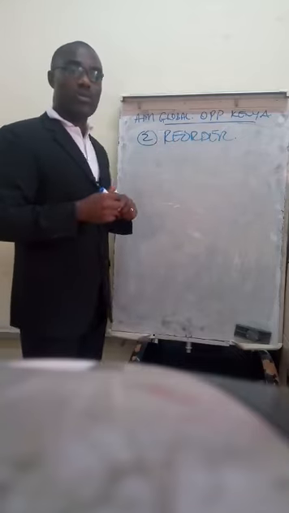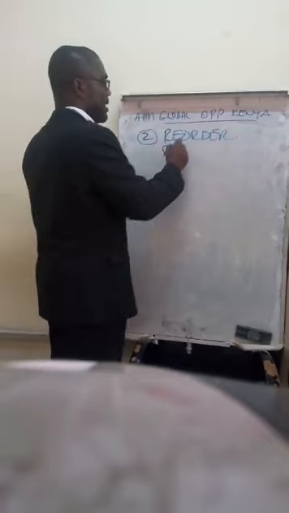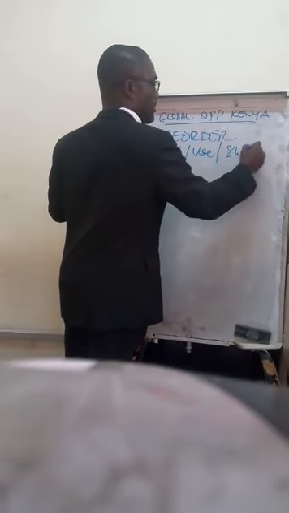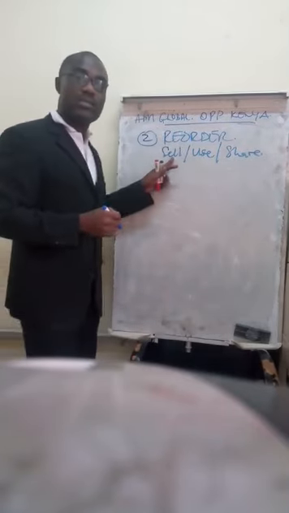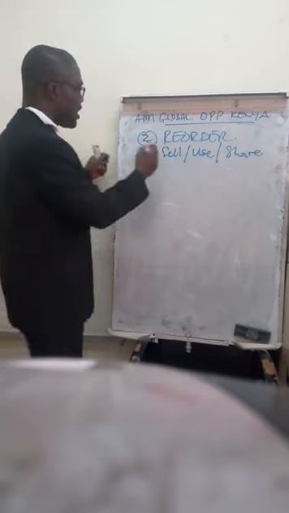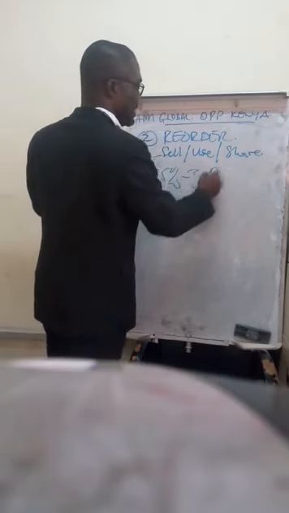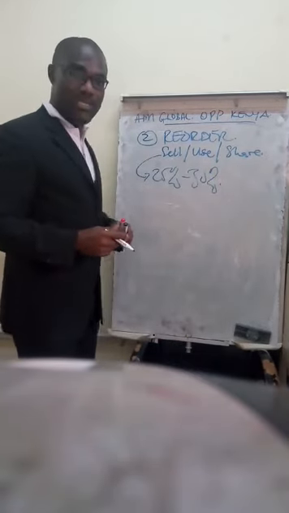When you reorder products, you can either sell, use or share. You can sell the product, and when you sell the product, you will make between 25% to 30% profit on the product that you sell.